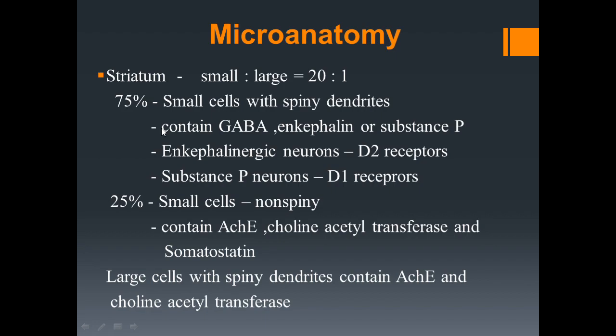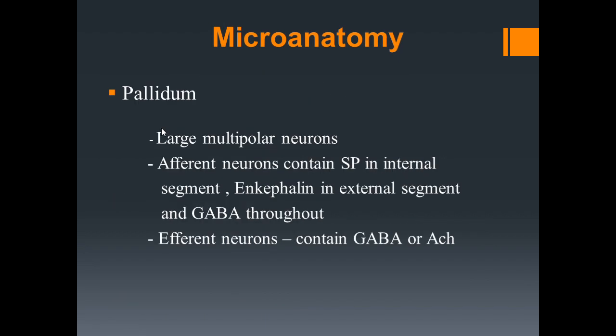The enkephalinergic neurons have D2 receptors, that is the dopamine 2 receptors, while substance P neurons have dopamine 1 receptors. Now 25% of small cells are non-spiny, and they contain acetylcholinesterase, choline acetyltransferase and somatostatin. Now the large cells have spiny dendrites, and they contain acetylcholinesterase and choline acetyltransferase.